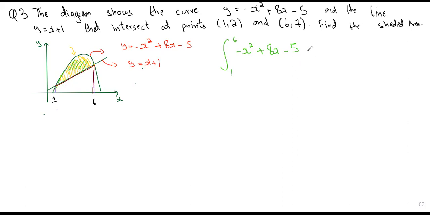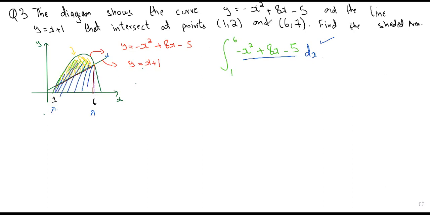I'll repeat, okay? This is the curve and this is the line, and you need to find the yellow region only. In order to find the shaded region only, you cannot just find the integral and say this is the answer. This would give you the area bounded by the x-axis, the line x equals 1, the line x equals 6, and this curve. So this would give you a total of this area.